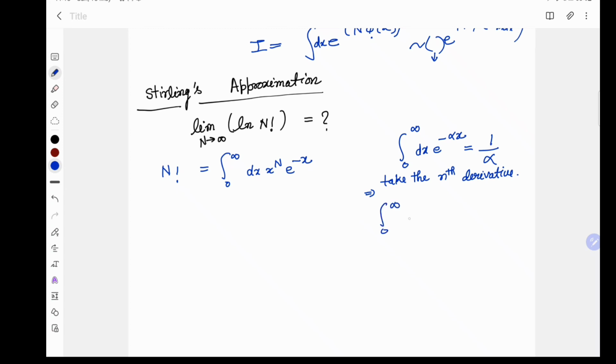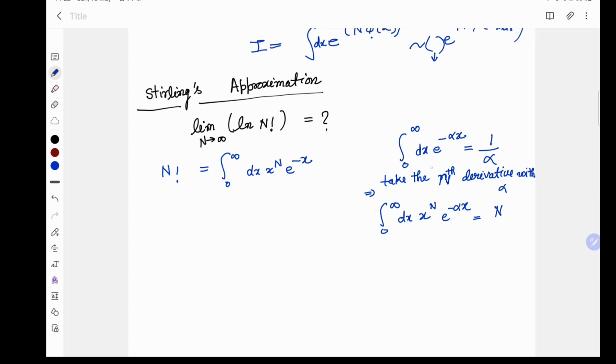Taking the nth derivative with respect to alpha, we will have the integral dx x to the power capital N e to the power minus alpha x. If you take the first derivative, you will have minus x on this side, and this side will have minus 1 over alpha square.